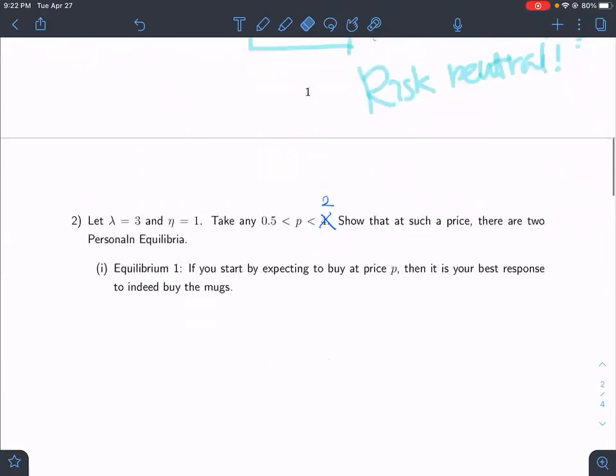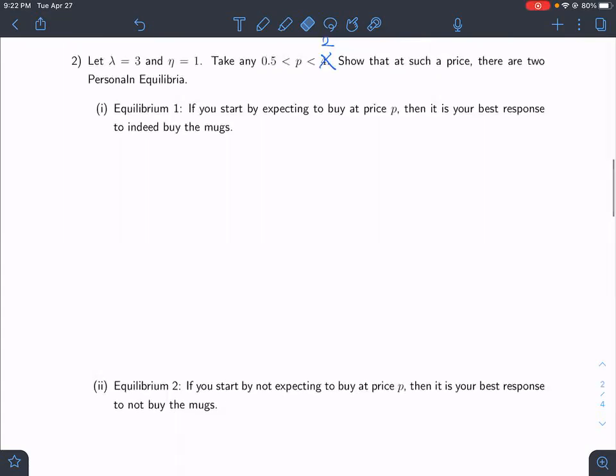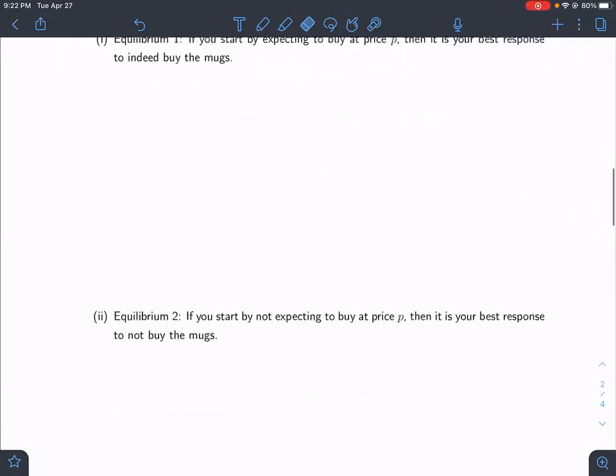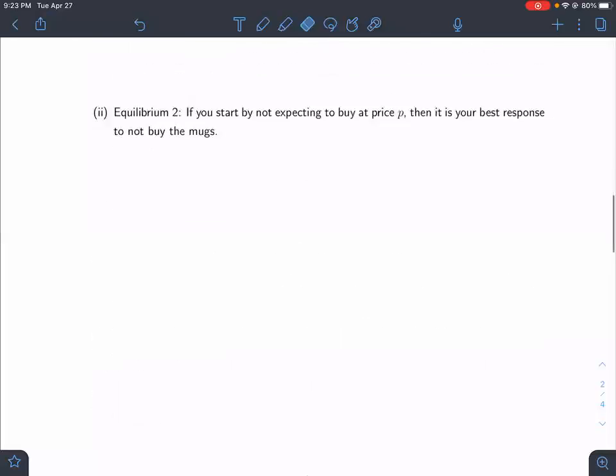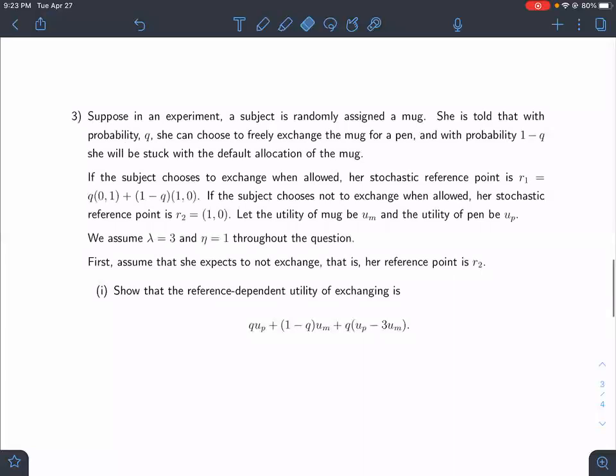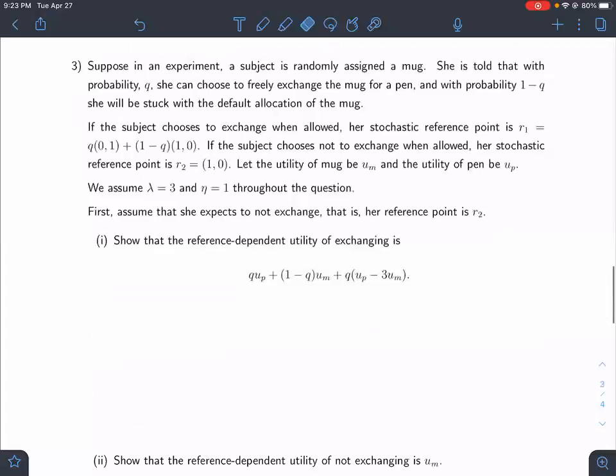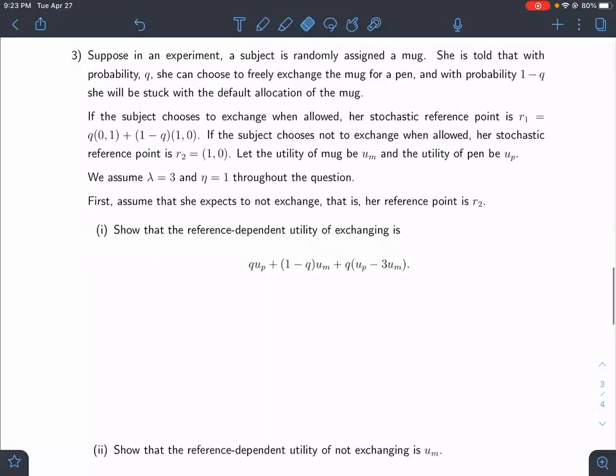Question 2 looks easy. I've put the answer key already on Canvas. So let me skip these questions, and if we have time, then I'll come back. Question 3 is lengthy compared to question 2, so let me deal with this one first. Okay.